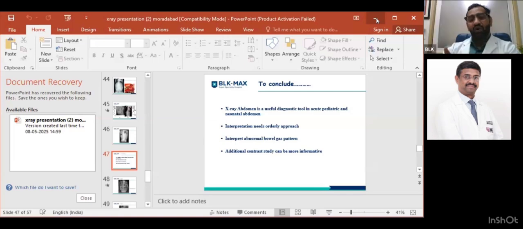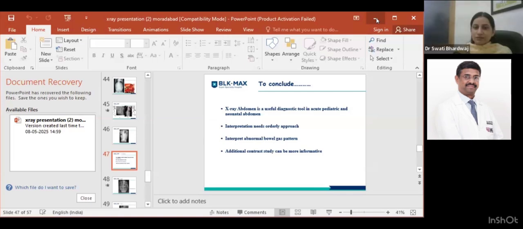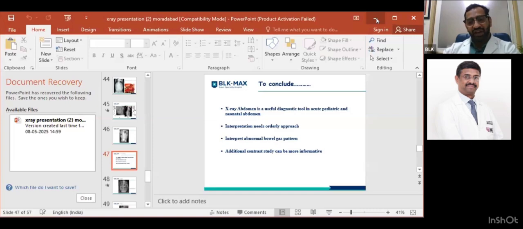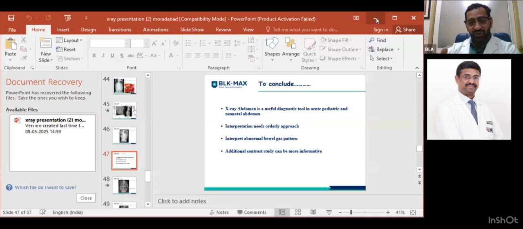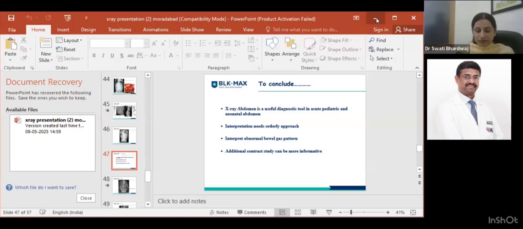Of course, if it is indicated, you will have to do it, because there are conditions when we order an MRI or CT scan. But especially for gastrointestinal problems in newborn babies, especially babies in the ICU, the X-ray can give you a lot of good information if you approach it in a sequential manner. Fair point, sir.